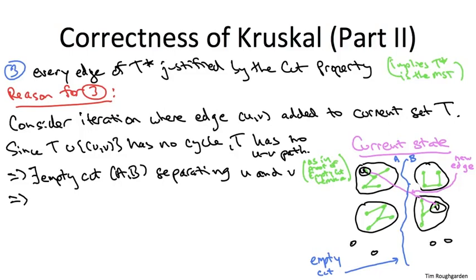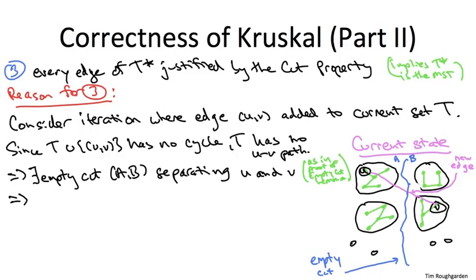Well, let's remember how we wrapped up the previous slide when we were arguing that the output of Kruskal's algorithm is connected. What did we argue? We said, fix any cut you like, any cut of the graph, and freeze Kruskal's algorithm the very first time it considers some edge crossing that cut. We noticed that Kruskal's algorithm is guaranteed to include that first edge crossing the cut in its final solution.